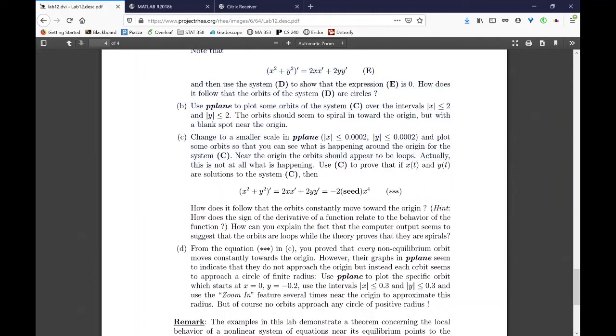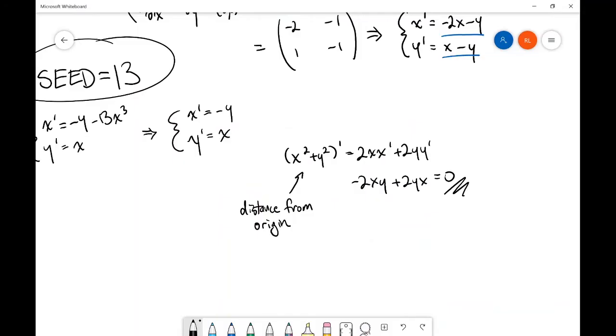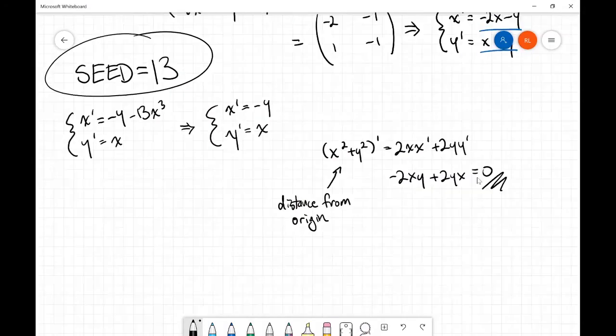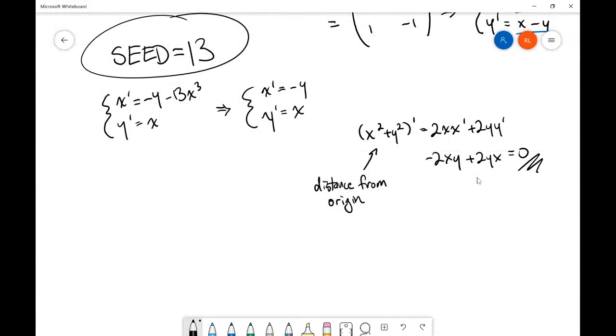So use C to prove that x(t) and y(t) are solutions to system C, then we should have that the orbits should move constantly towards the origin, right? So if we apply this same concept, (x squared plus y squared) prime is equal to 2xx prime plus 2yy prime, right?